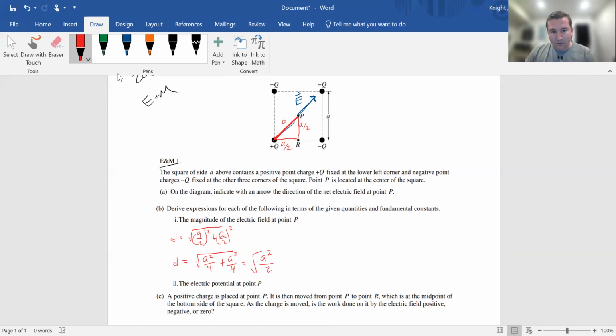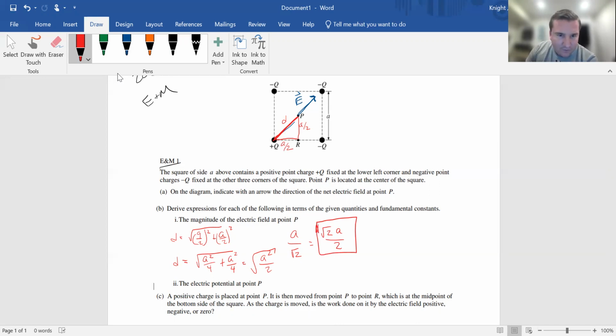The square root of A squared over 2 would be A over root 2, or root 2 A over 2, if we rationalize, because nobody likes to have square root functions in the bottom there. So there's our value for the distance between those two.